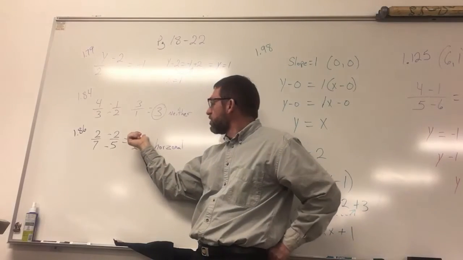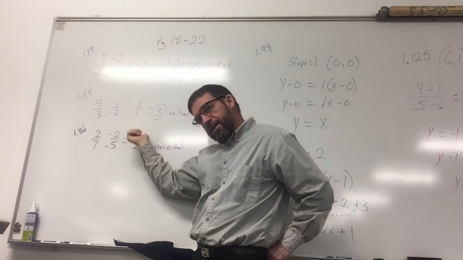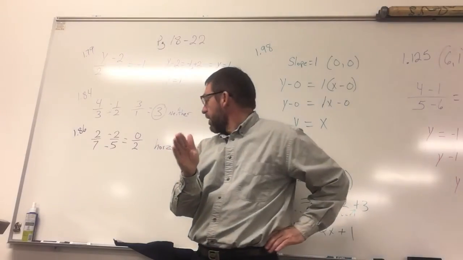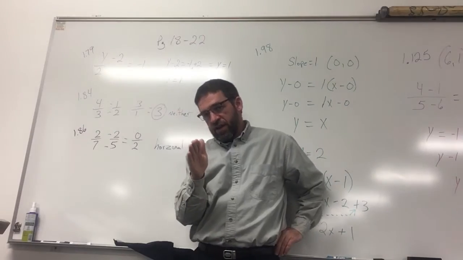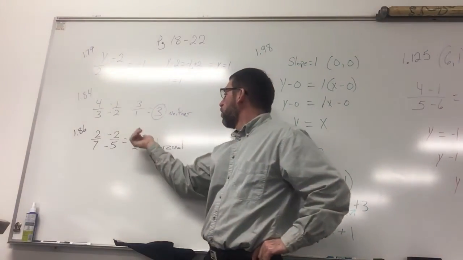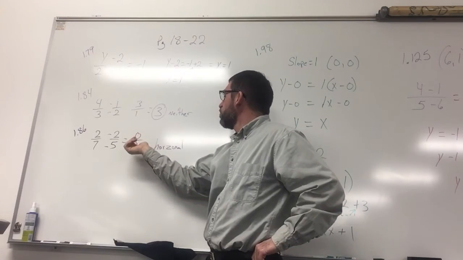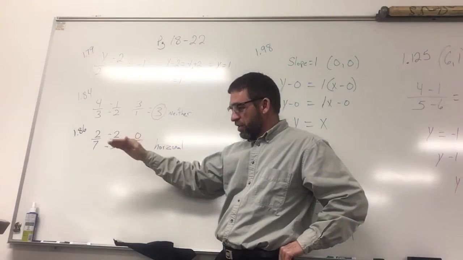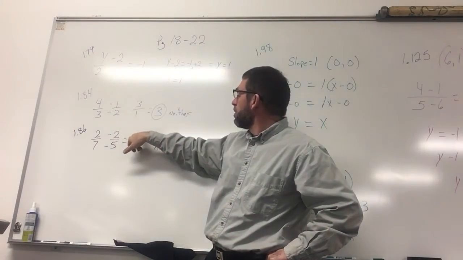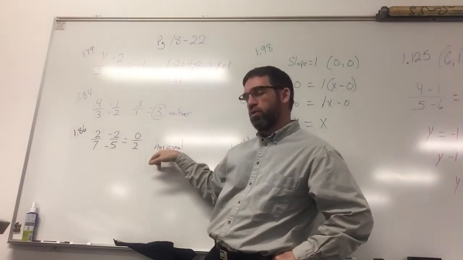So when you come up with a 0 in the y-axis, if you would be mapping that one out, you would have 0 on the y-axis and the 2 on the x-axis. So that would be a straight line that would be horizontal. If you come up with a 0 on top, you'll have a horizontal.